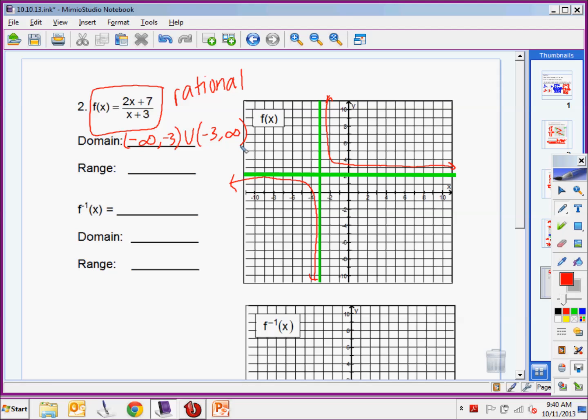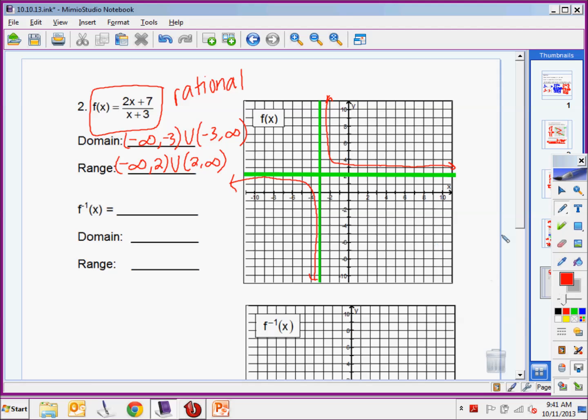From bottom to top. Negative infinity to 2, and then the union, 2 to infinity. You're only going to use that union thing on rationals, right? Typically, yeah. You use it on rationals.